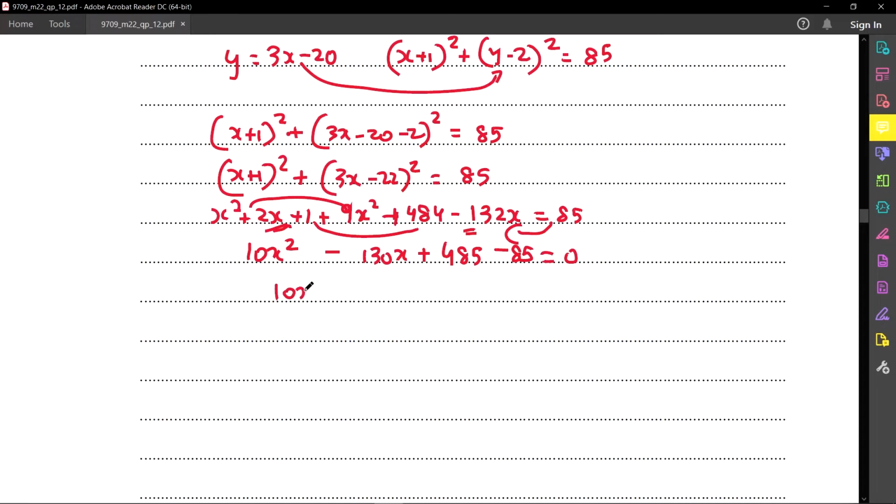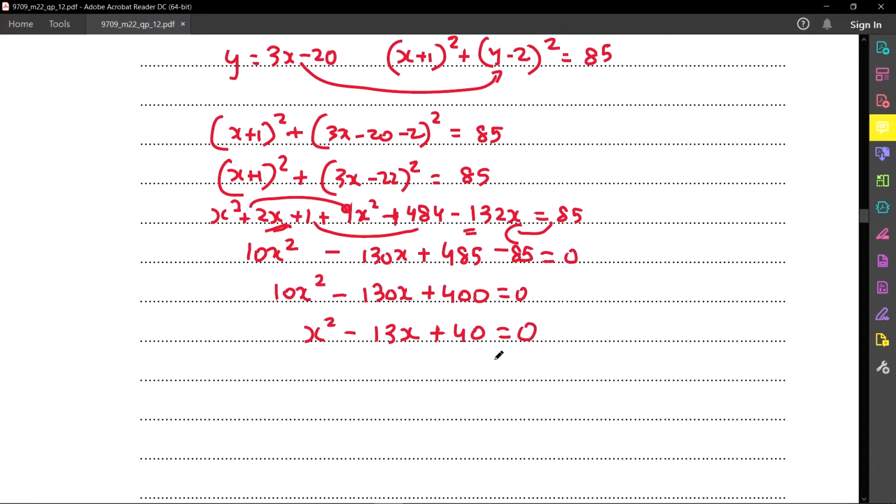This can be further simplified to 10x² - 130x + 400 = 0, since 485 minus 85 is 400. You can see 10 is common in all the terms, so you can pull 10 out as a common factor. So this will be x² - 13x + 40 = 0.